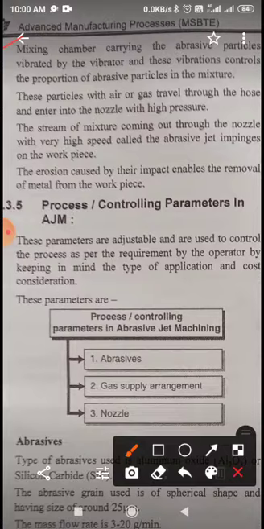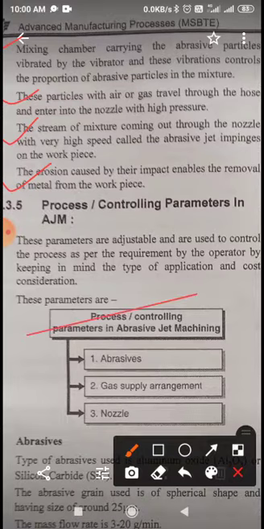This particle and gas mixture travels through the holes and enters the nozzle at high pressure. The stream of mixture coming out of the nozzle at very high speed, called the abrasive jet, impinges on the workpiece. The erosion caused by the impact enables the removal of material from the workpiece.